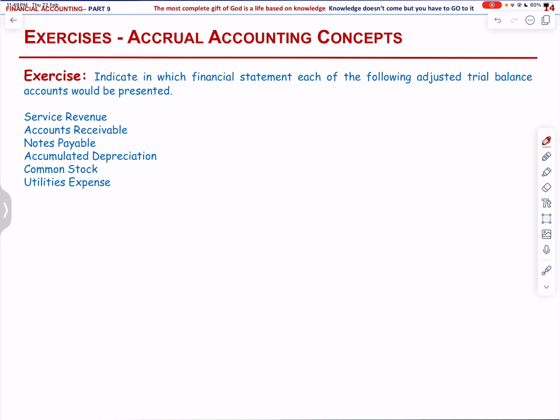Now, service revenue will be in the income statement, accounts receivable is in the balance sheet, notes payable in the balance sheet, accumulated depreciation in the balance sheet, common stock in the balance sheet, and utilities expense will be in the income statement. Okay.